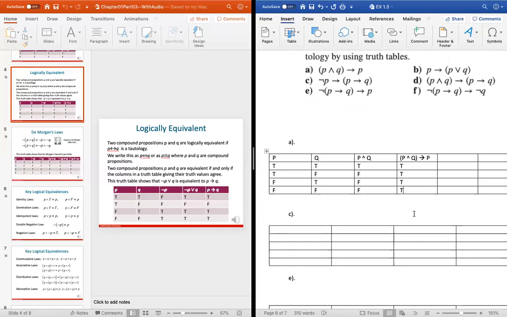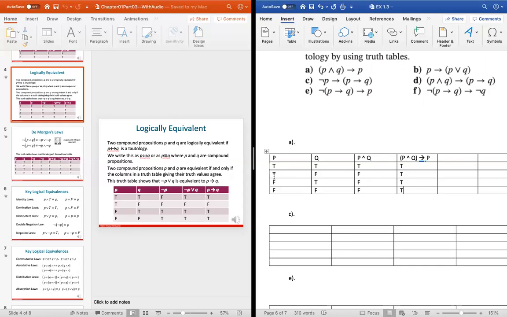P and Q is false, and then you have a true P, you still get a true? P and Q is false, and then this is true. So yeah, in the implication table, the order matters. So this here is false implying a truth. It's not like truth implying a false.